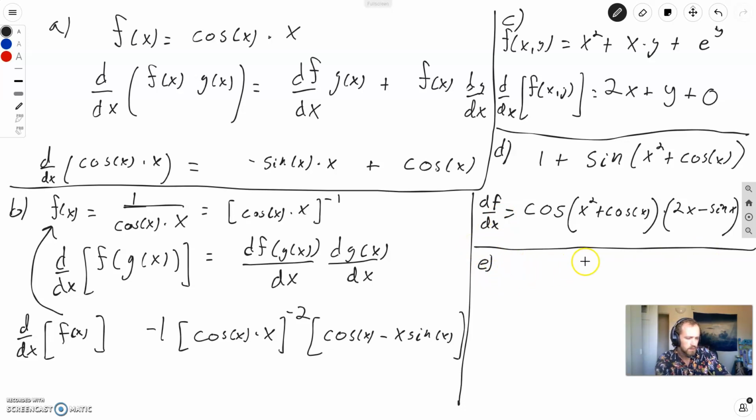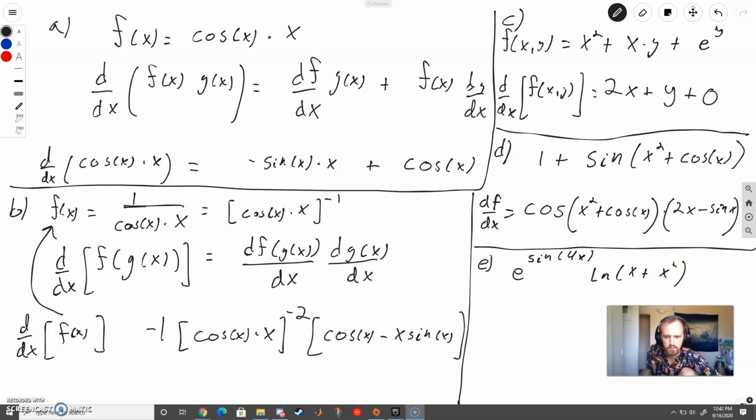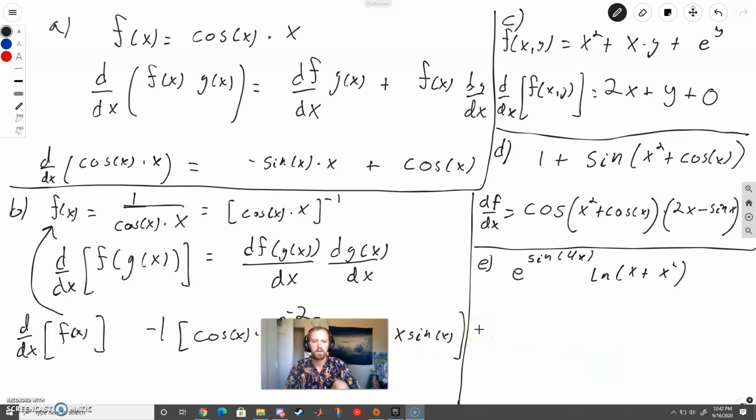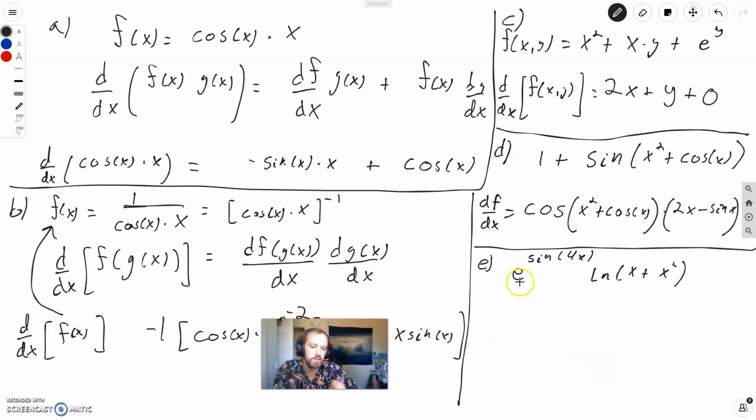And then part E, oh, we got a crazy one. We have e to the sine of 4x times the natural log of x plus x squared. It's a product rule and a chain rule. I'm going to take the derivative of this term, leave this one alone, and then vice versa.